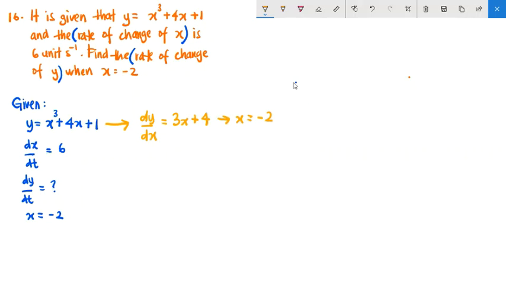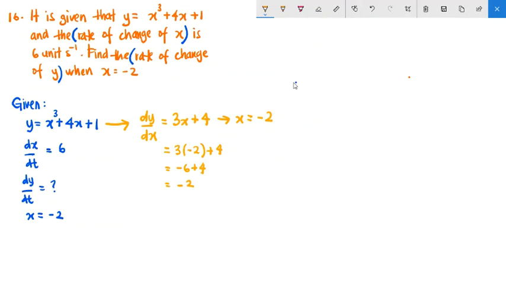Substitute dalam dy/dx. So kita akan dapat begini. Okay, dy/dx is 3 times (-2) squared plus 4.